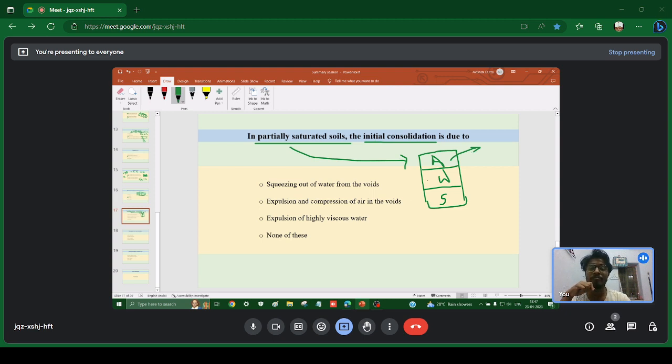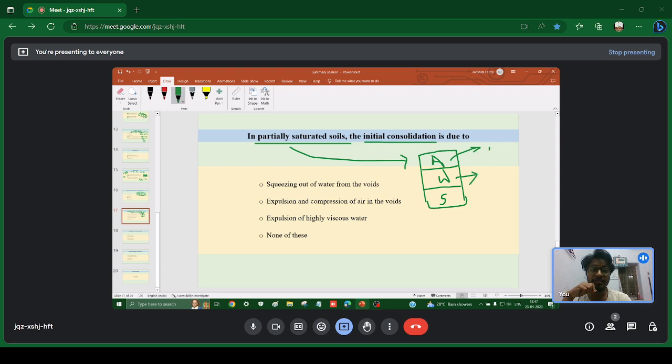It is a kind of compaction, only that it is a static and a slow gradual load. The air will come out and then the soil will get compressed. After the air gets expelled, then the water will start squeezing out.